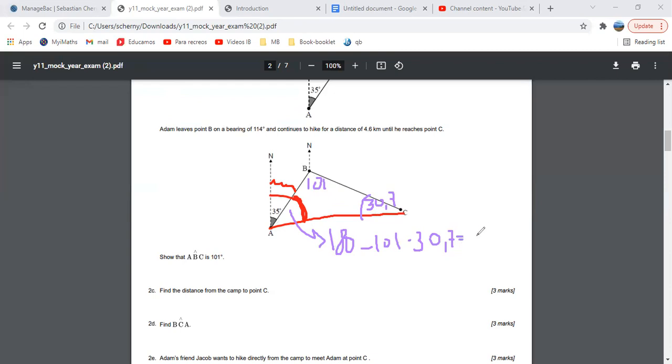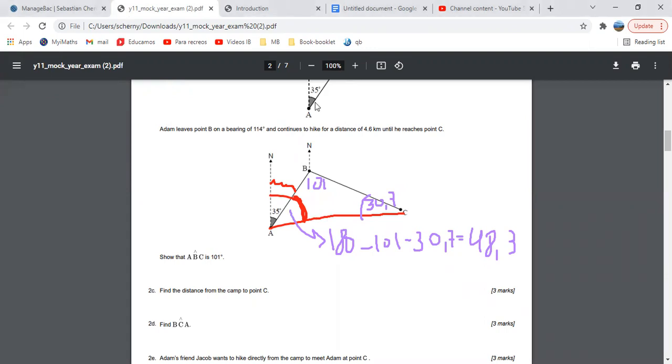So this should be something like 48.3. I could be mistaken, but anyway, we just do this calculation. Let's just in case do it here. So 180 minus 101 minus 30.7, 48.3, excellent.